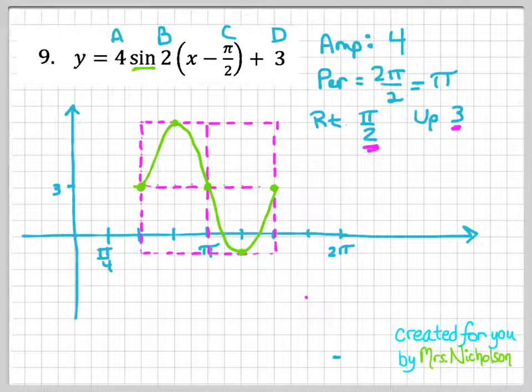There's one cycle. I'm going to do one more cycle. Top, middle, minimum, and back to the middle. There we go. And those are our graphs.